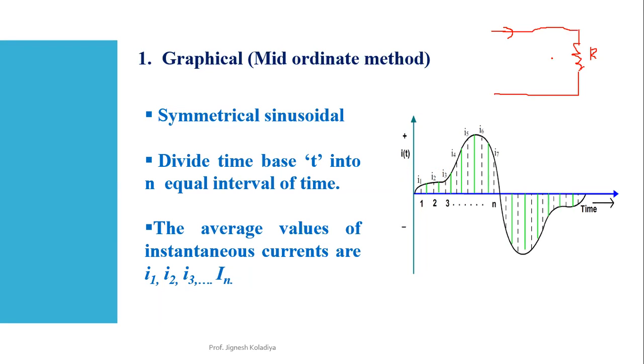So first of all, I divide the total time base into n number of intervals. Now we know the total time period is t. So what is the time interval for one section or one strip? It is t by n.